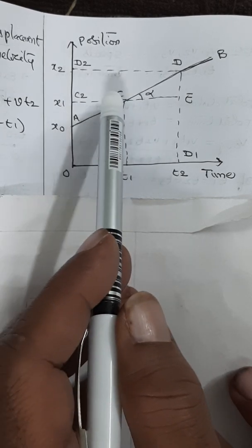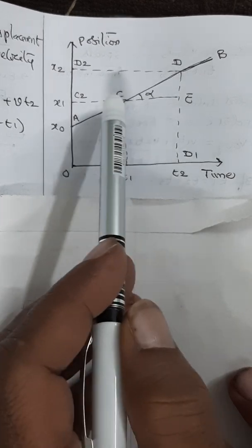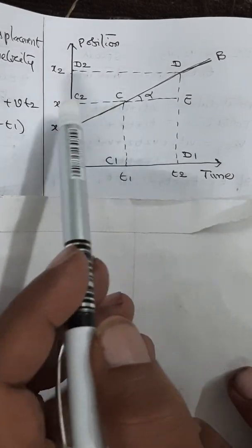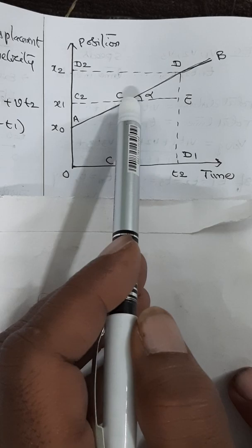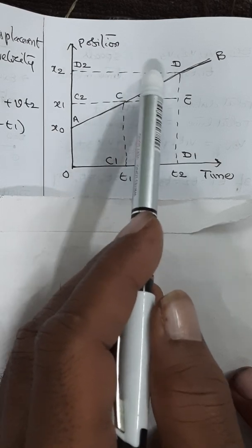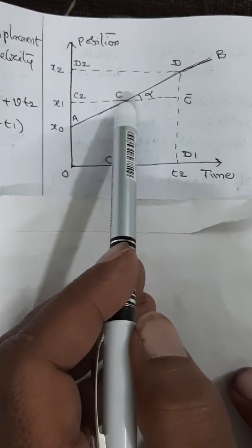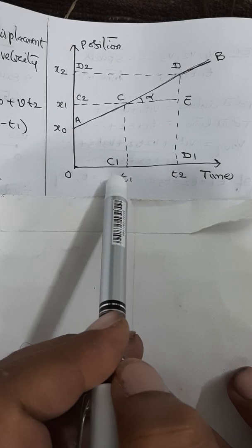Now draw here C1 and C2, D1 and D2, perpendiculars on the time axis and on the position axis.